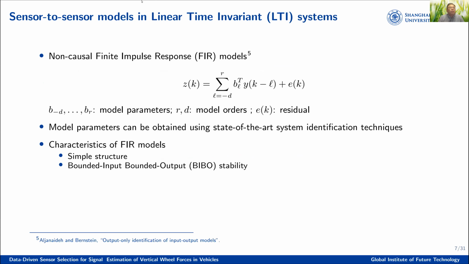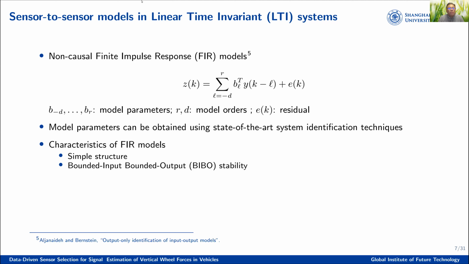problem. To continue specifying the sensor-to-sensor modeling, in this work, we focus on the linear time invariant LTI systems. Basically, it means that we would like to use the non-causal finite impulse response model, like we show here, to represent the system output Z. The input will be Y, the output will be Z. EK here is the residue.